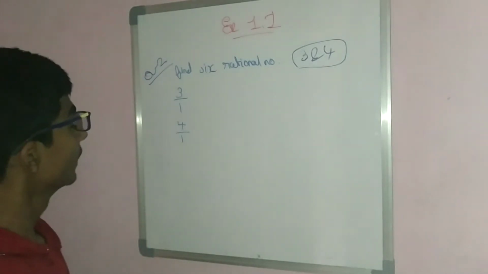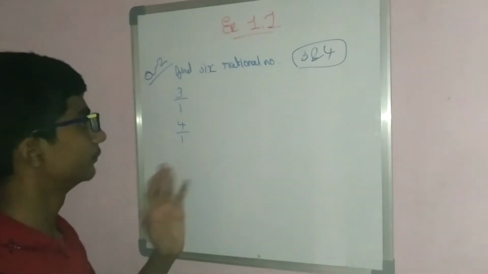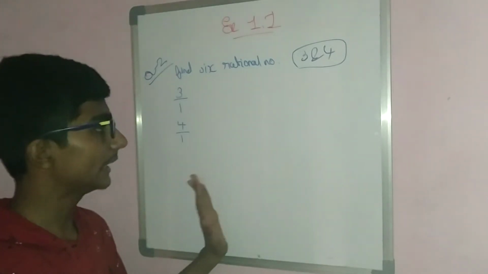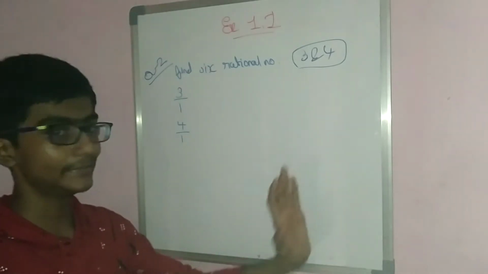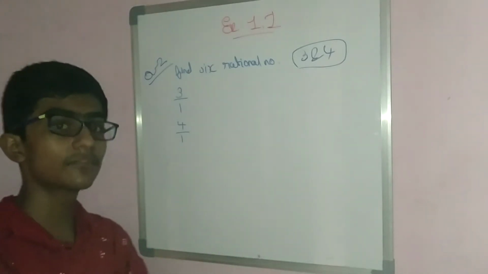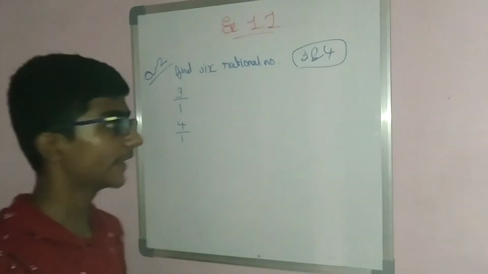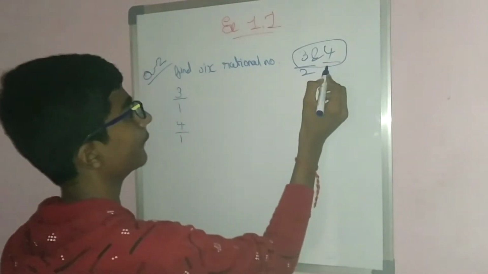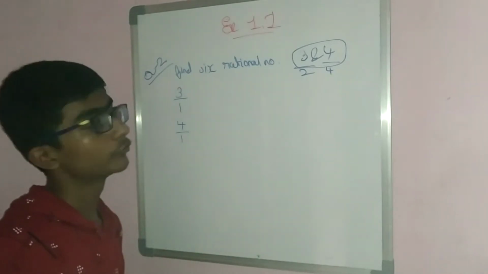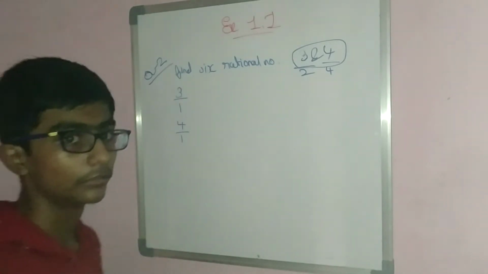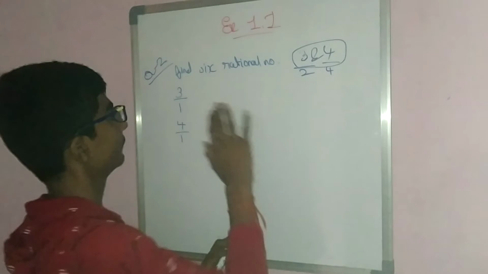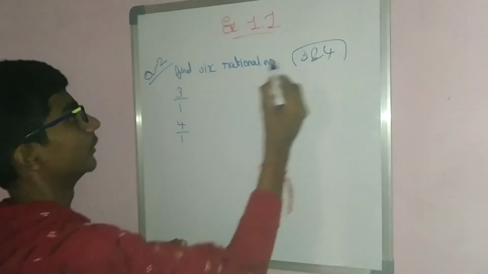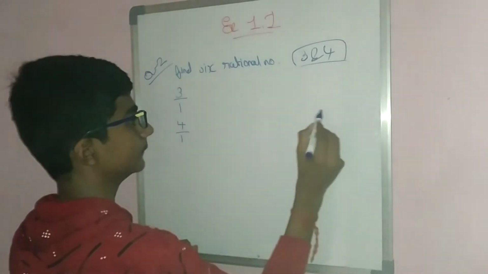Here the denominators are same, so we do not need to take out the LCM. If suppose in the question it would have given 3 upon 2 and 4 upon 4, then we would surely have to take out the LCM. But here we have only given 3 upon 1 and 4 upon 1, so simply 1 and 1.